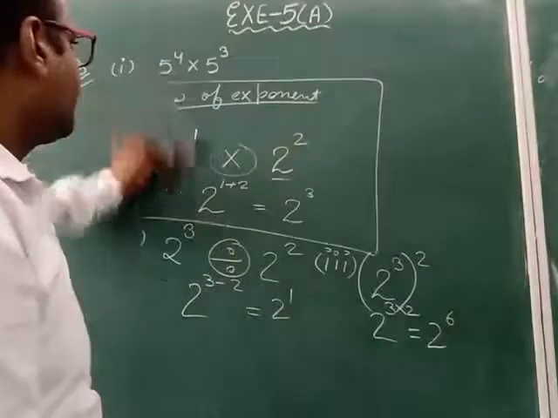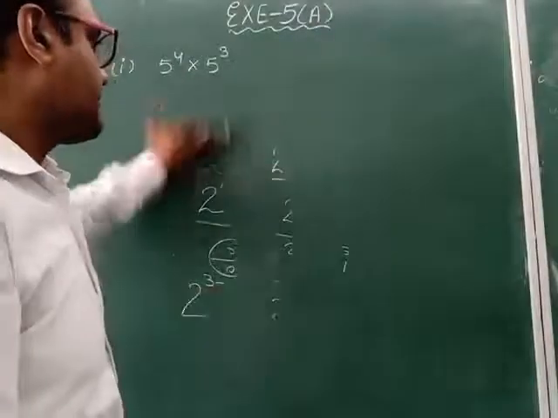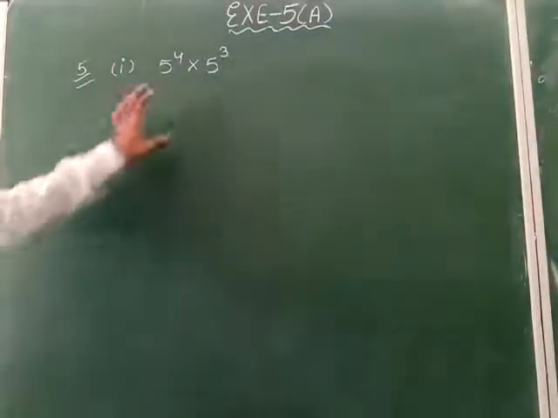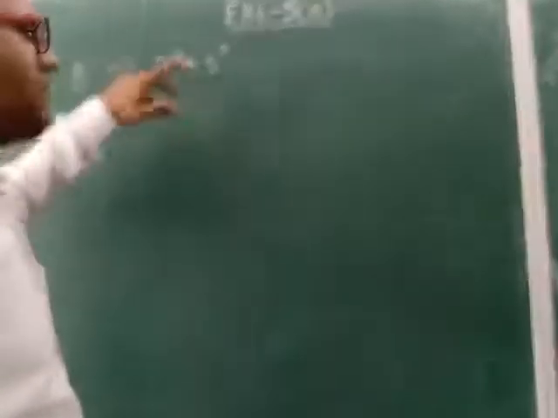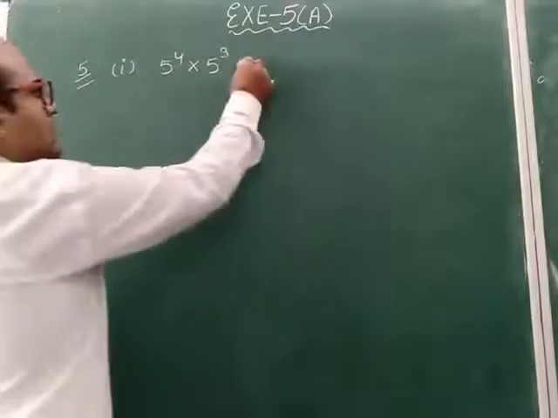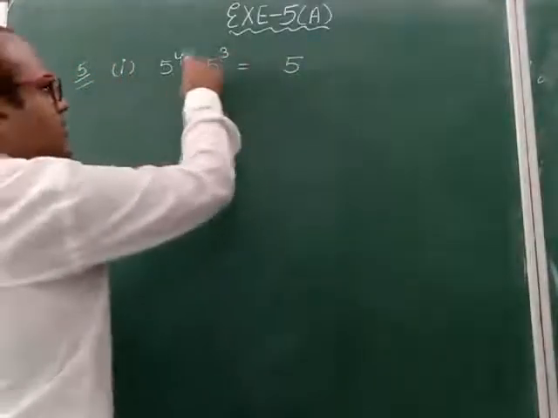So first part. Bases are same here, if you observe. Between both the bases multiply is coming. So what we have to do? Base you write as it is, we will not change the base, power we add.